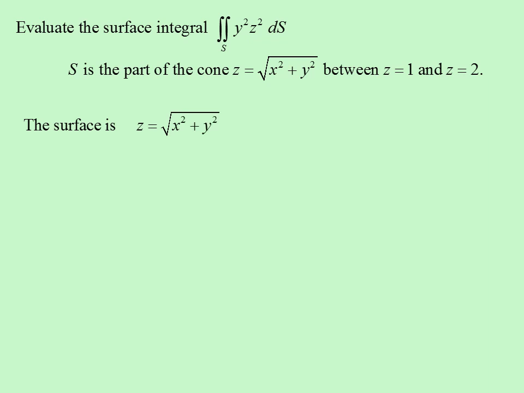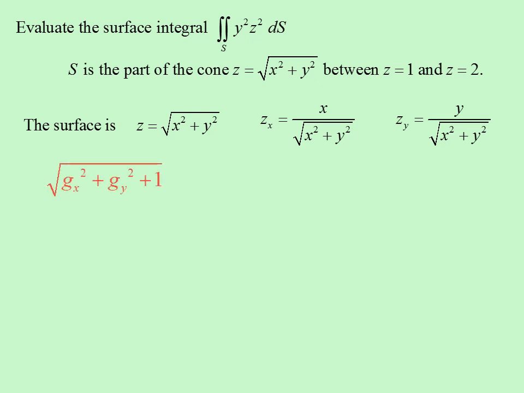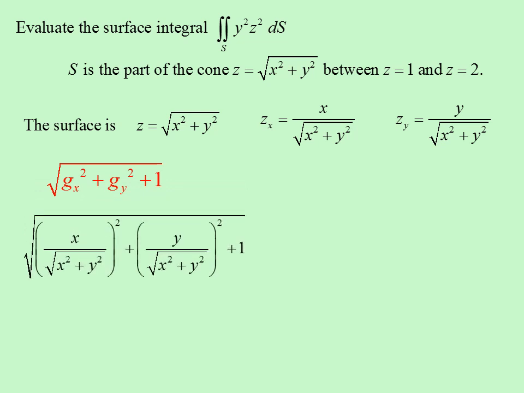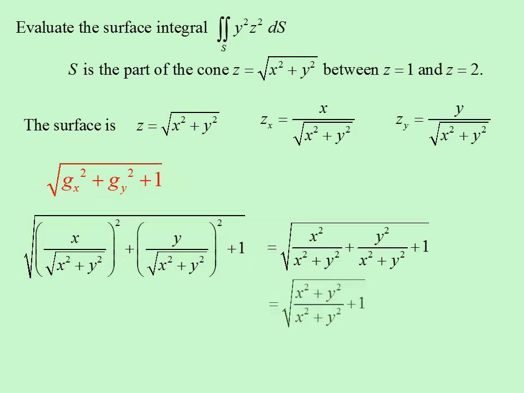However, do you see that we need to do the partial of z with respect to x and the partial of z with respect to y, plug those into the formula, and maybe do some simplifying. So our integration factor comes out to be root 2.